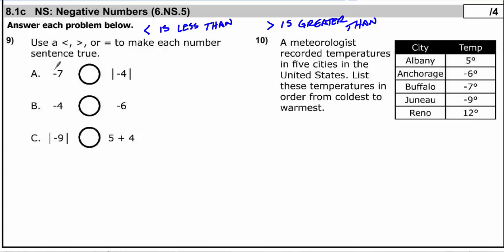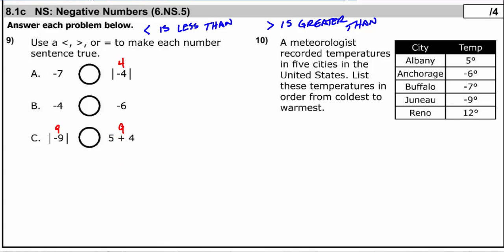A, -7 compared to the absolute value of -4. We've spoken about the fact that anytime you see these absolute values, you should put the actual value down. You could even go through the problem and simplify all the things that need simplifying. So this one needs simplifying to 9. This needs simplifying also to 9. My pen touched there. I didn't want you to think we had a negative.